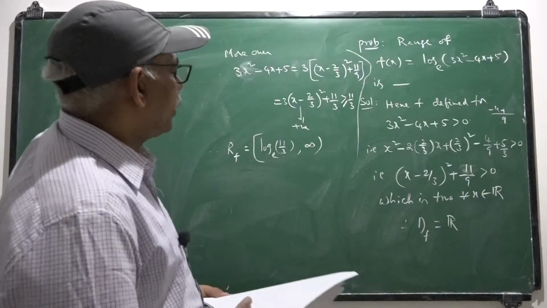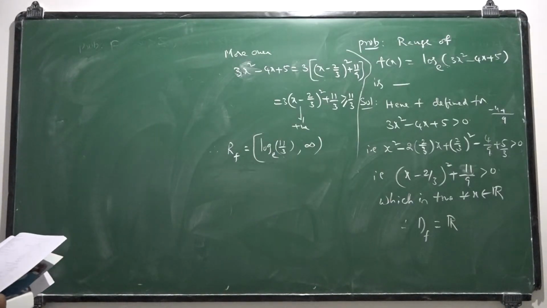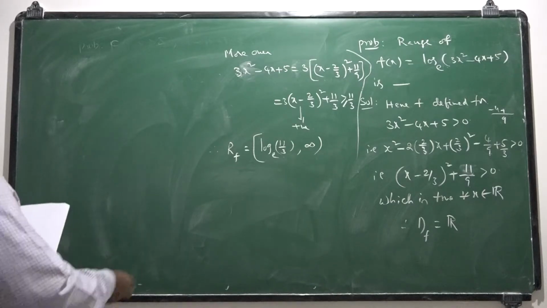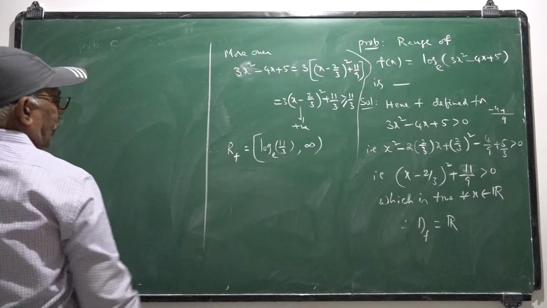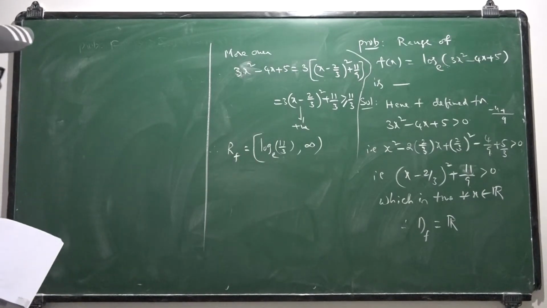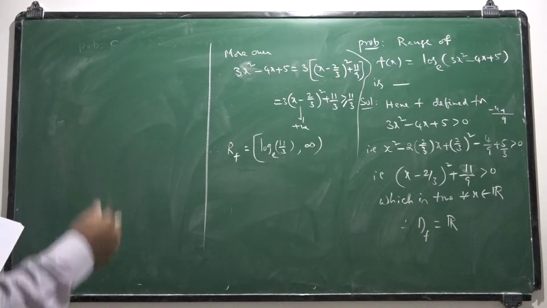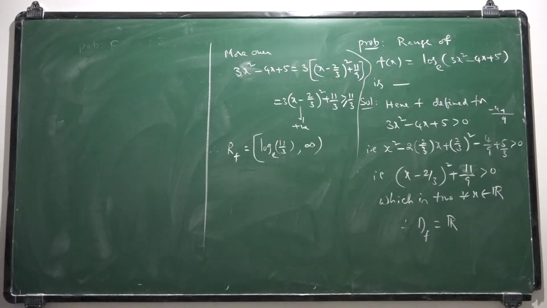Hence, the range of f is log 11 by 3 to infinity. The domain is R and range is closed at log 11 by 3 and open at infinity.